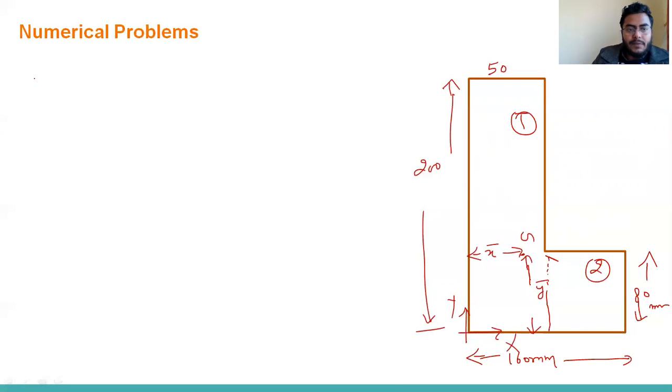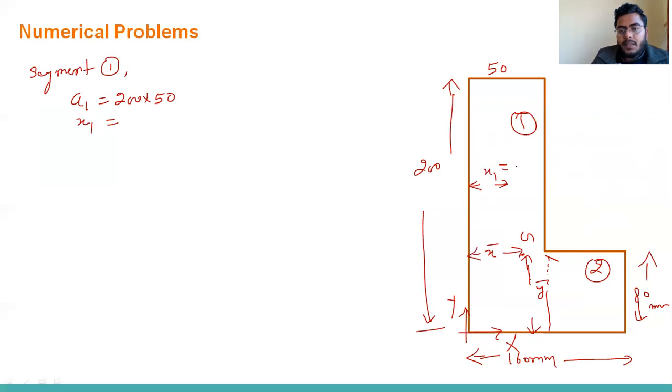So let's calculate for segment 1: A1, x1 and y1. What is A1? 200 into 50. What is x1? The centroid of this first section will be somewhere here, so x1 will be 50 divided by 2, which is 25 mm.